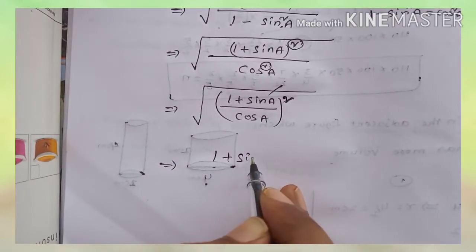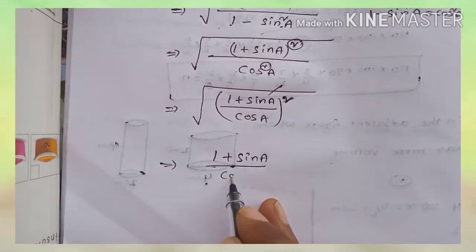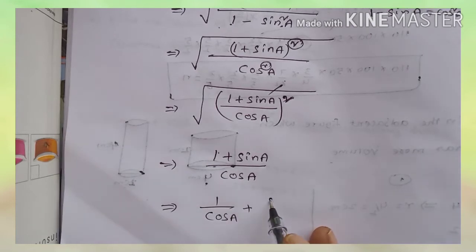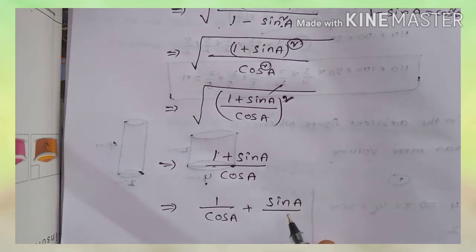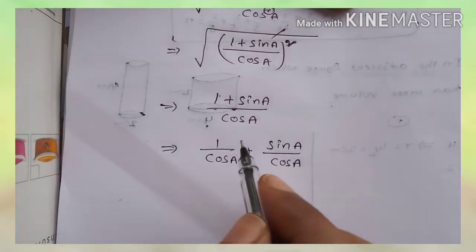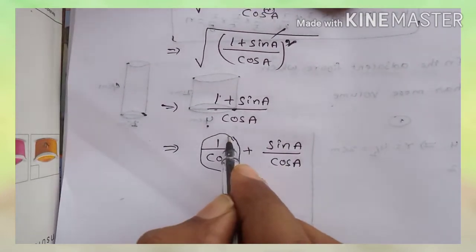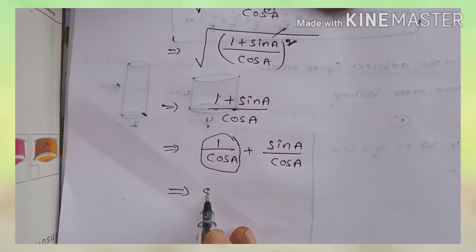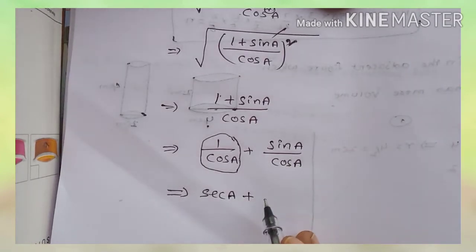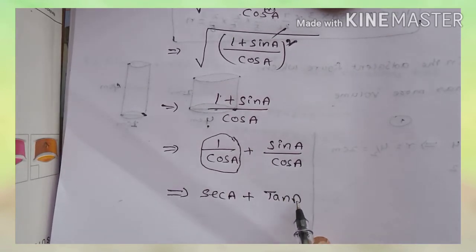So (1 plus sin A) by cos A: the first term is 1 by cos A, the second term is sin A by cos A. We know the reciprocal of cos A, 1 by cos A, is secant A, and sin A by cos A is tan A.